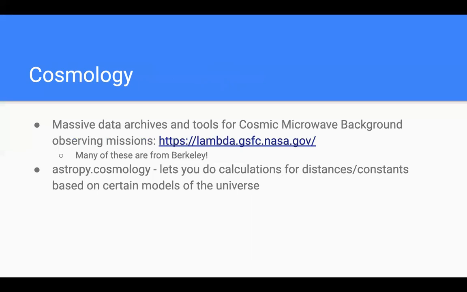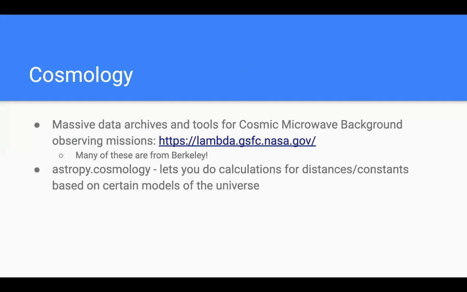Okay, and cosmology. The only unified thing I could find really for this is AstroPy's cosmology module, which lets you do calculations like, I'm going to make a model of a universe that's curved in this way with this parameter, and I'm going to calculate what's the distance between those two things relative to what it is in a flat universe, that kind of thing.